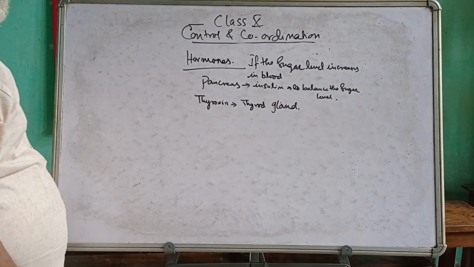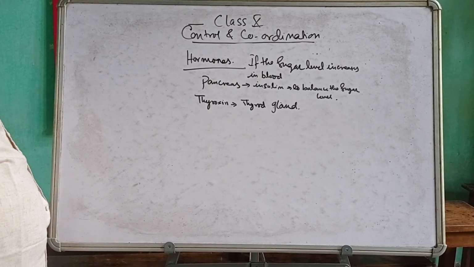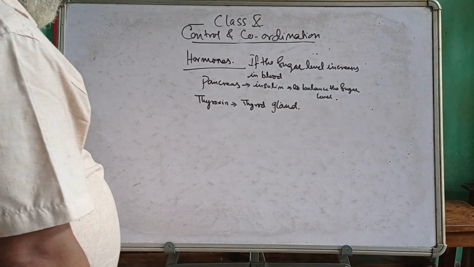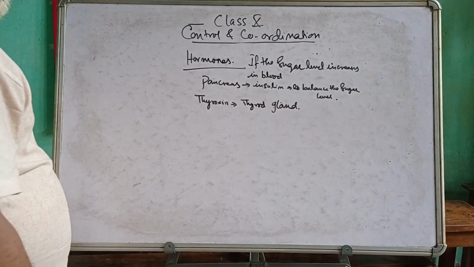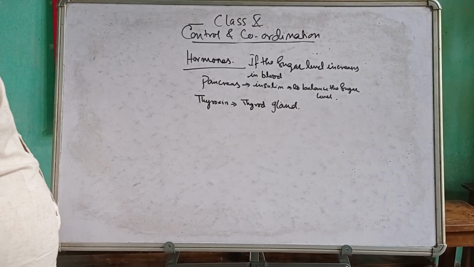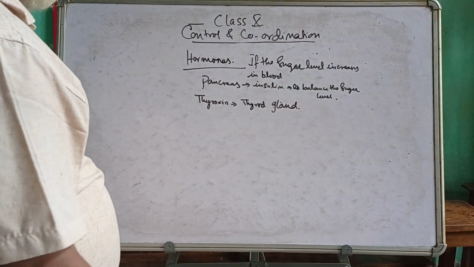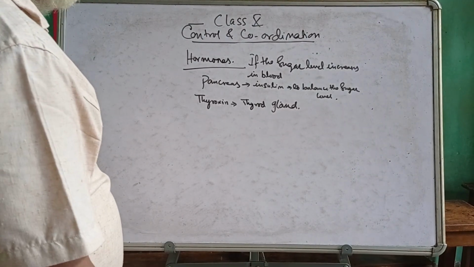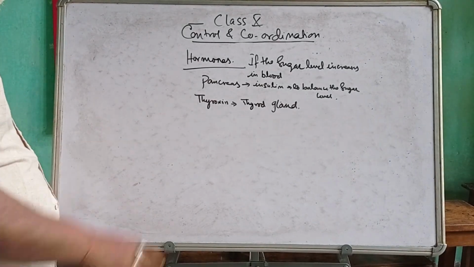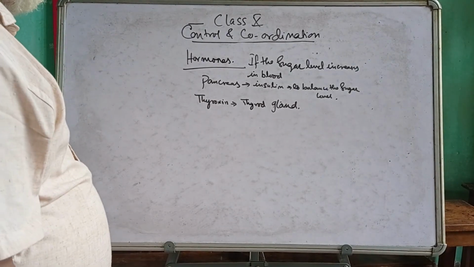So there are also other types of hormones, but these are the main hormones which are secreted in our body. And the most important feature is that they are directly injected into the blood.